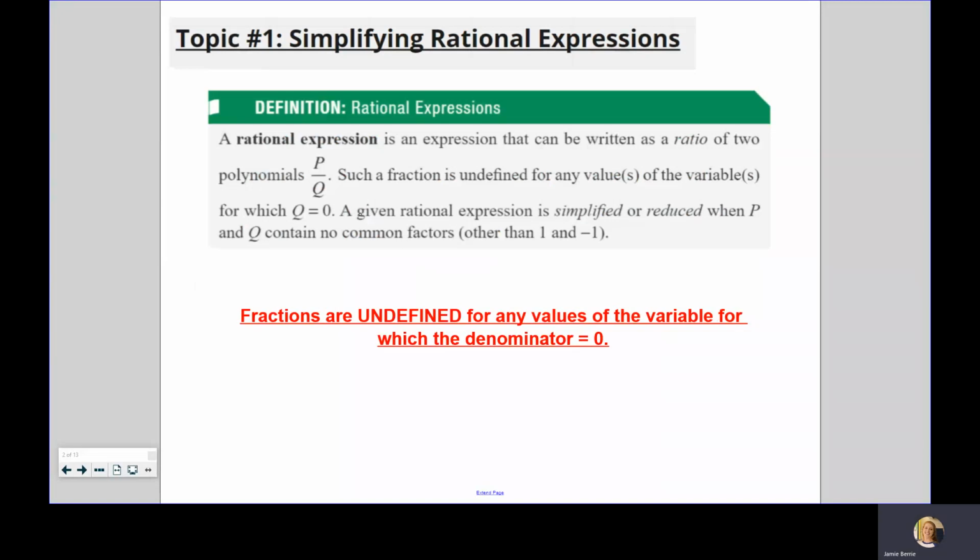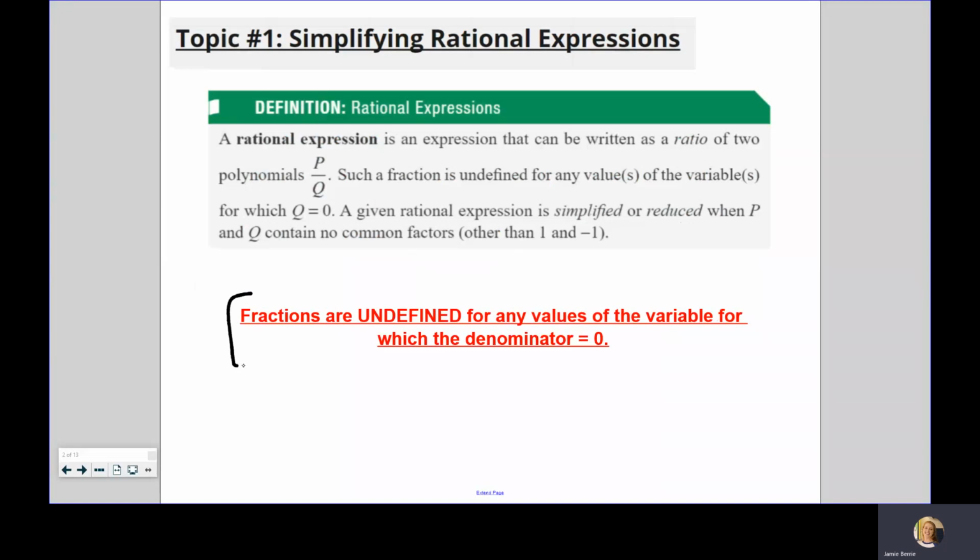All right, and then the last sentence here, it says, a given rational expression is called simplified or reduced whenever the numerator and the denominator have no common factors other than 1 and -1. So once you have simplified, maybe you have factored the top and the bottom and you've canceled out any common factors, then you can call your rational expression simplified.